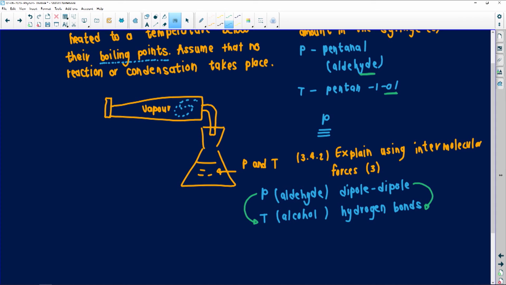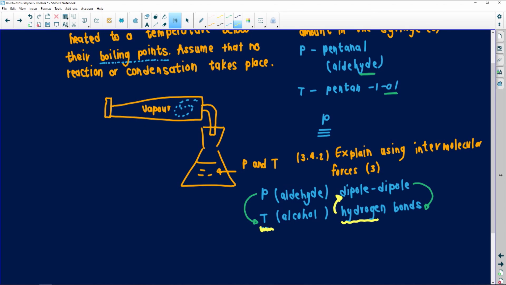I can say T is an alcohol which has hydrogen bonds, which means it has stronger intermolecular forces than dipole-dipole forces. Because remember what we said? If you are explaining, you must explain in comparison. We said that P will be in the syringe, that's where the vapor will be, because it has weaker intermolecular forces than T.